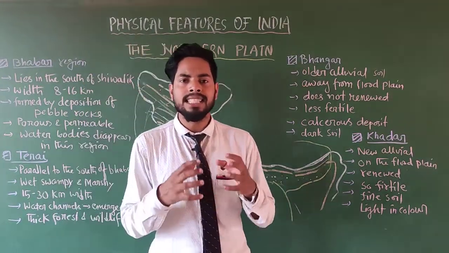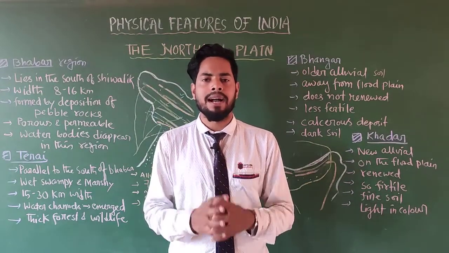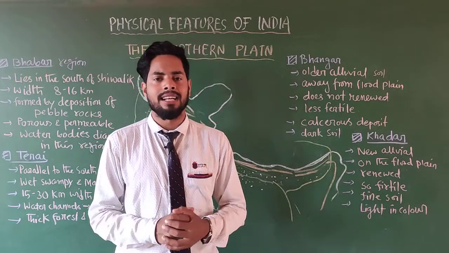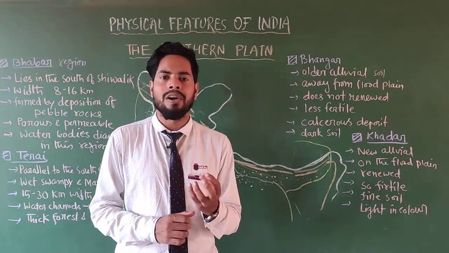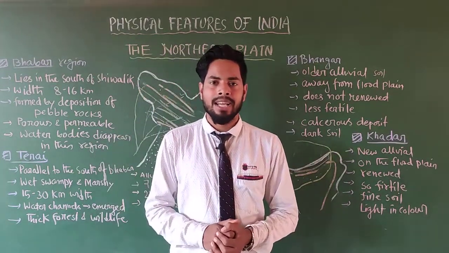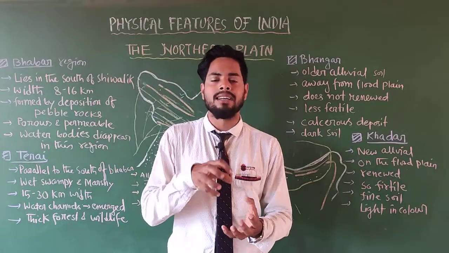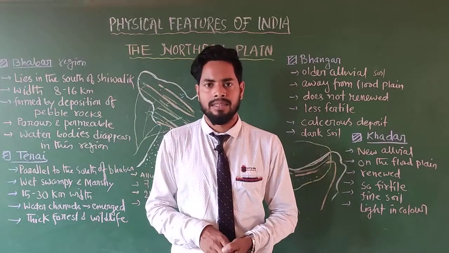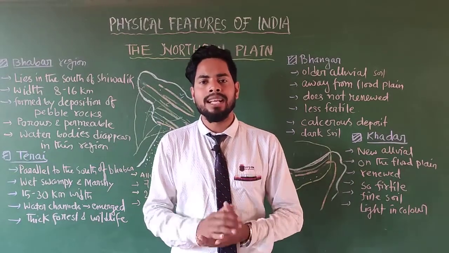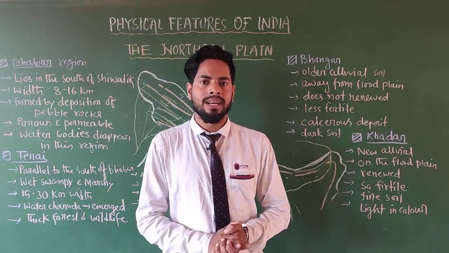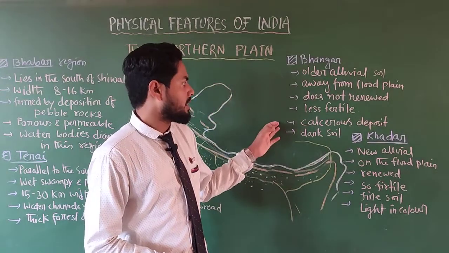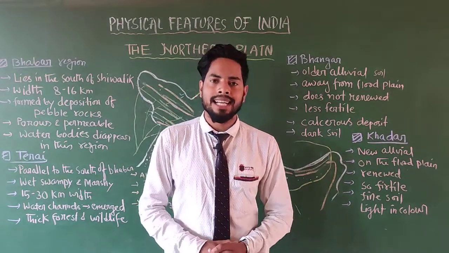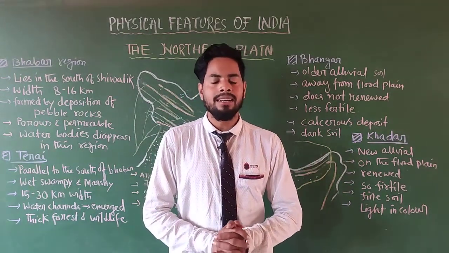That's why this soil is less fertile and not much suitable for agriculture. This soil is dark in color, and we also find calcareous deposits in that soil, locally known as kankar. These are the characteristics of the Bhangar region.